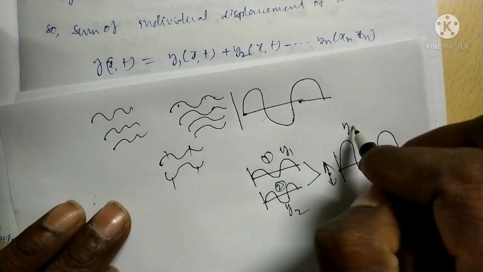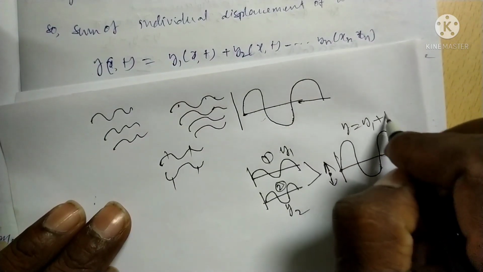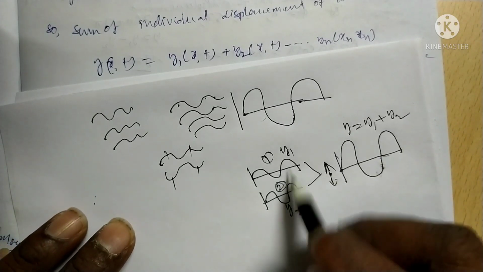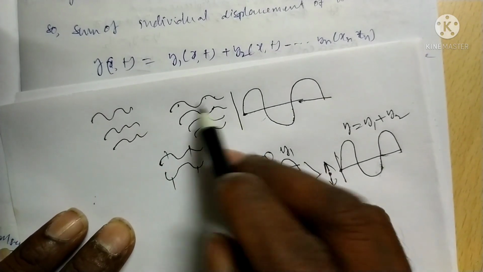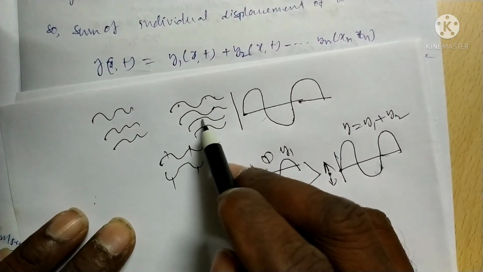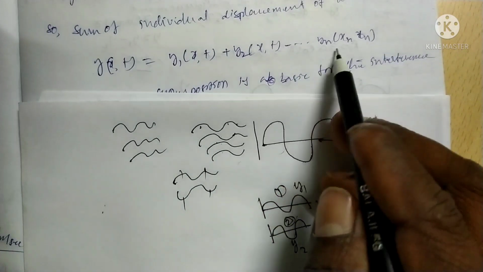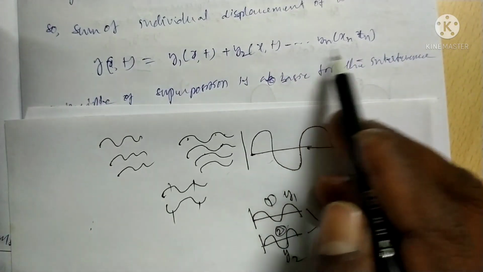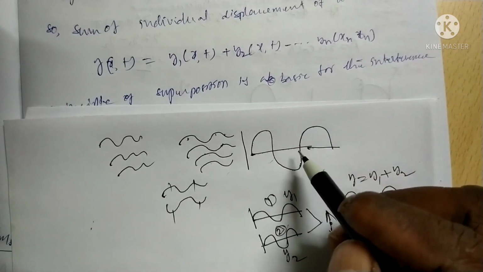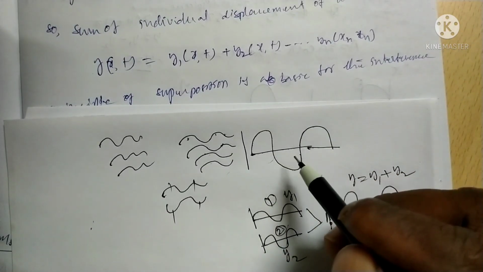The resultant is y equals y1 plus y2. Here we compare only two waves, but if we choose a number of waves, y equals y1 plus y2 plus y3 up to yn, and we get the resultant wave like this.